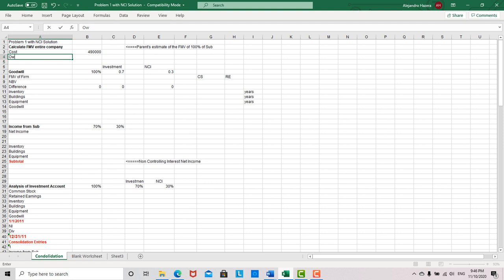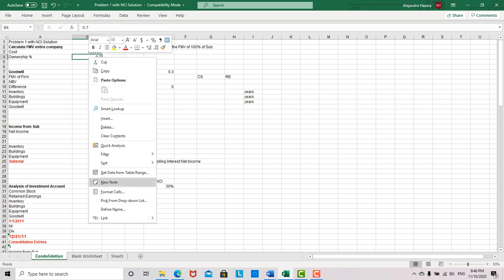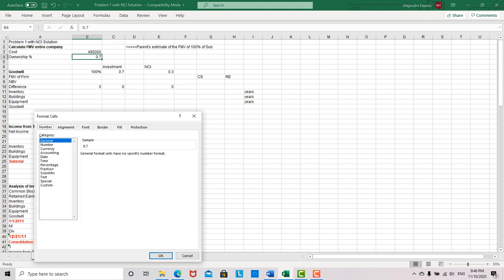We know that the parent got 70%, so it's 0.70. I'll put a percentage there just to make it seem official. So the parent bought 70%.